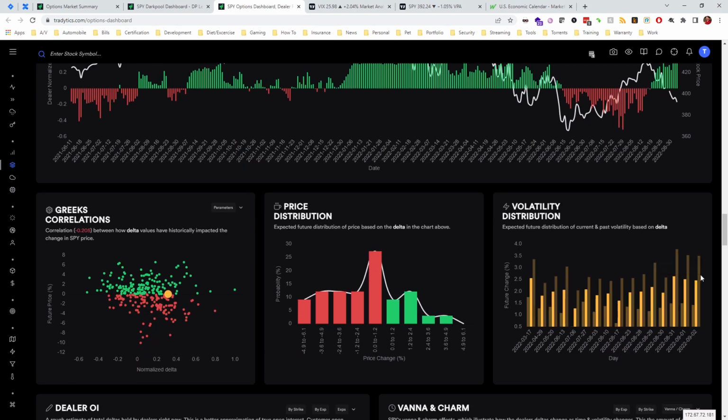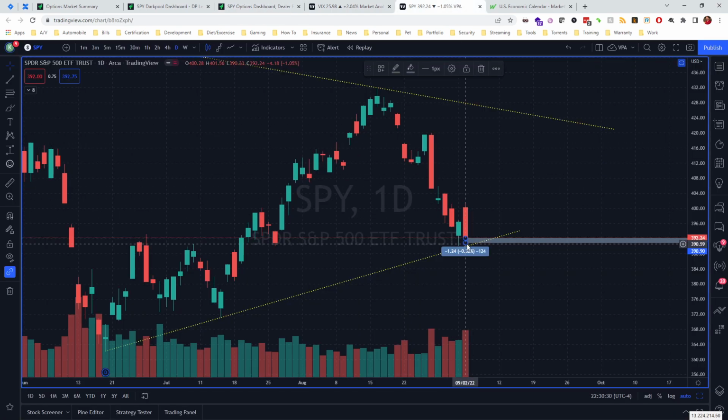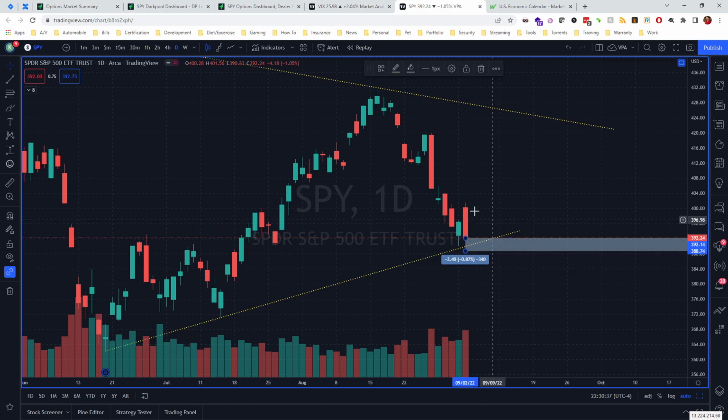However, in the case that something sets this market off, if we go to more of a 3.4 or 3.5%, we could get a much better move. Now, the bear case could see us coming down to 389 roughly, or even, excuse me, 388, depending on the type of move, which would be pretty significant because 390 is going to be a major level below us, and then 400 is going to be a major level above us.